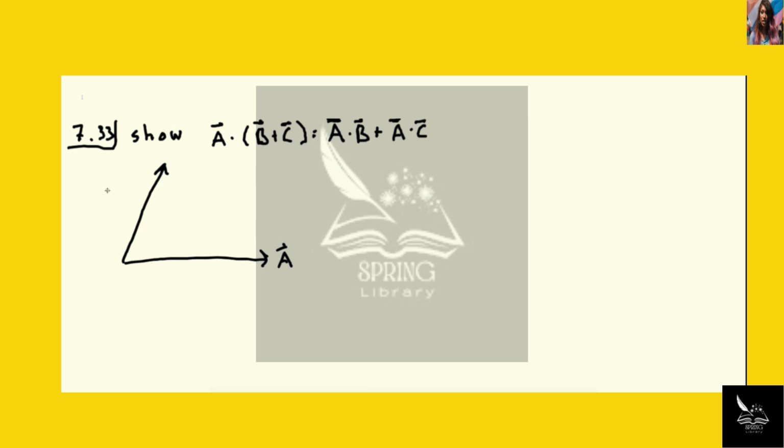The way that the book wants us to do it, it says to use a diagram showing all three vectors in a plane and indicate dot products on the diagram. So we can do that. It's maybe a little bit more interesting.